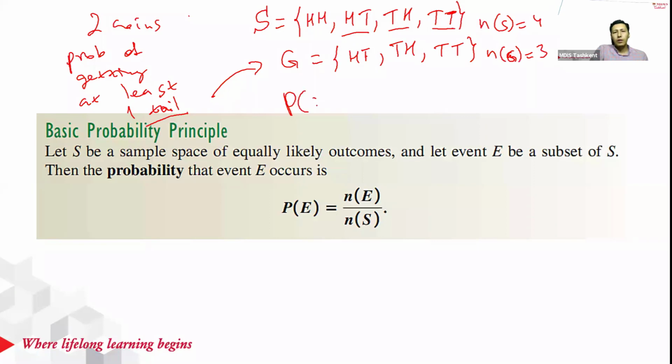So PG is equal to NG over NS. That is 3 over 4, or 0.75. So the probability of getting at least one tail is 0.75, or there is a 75% chance that you get at least one tail. Understand?